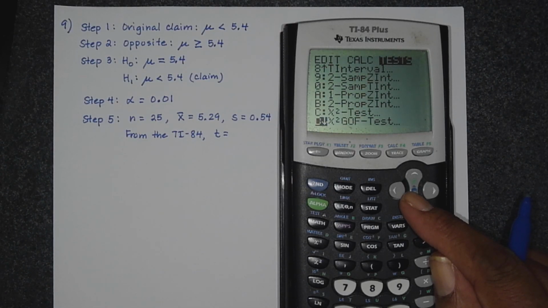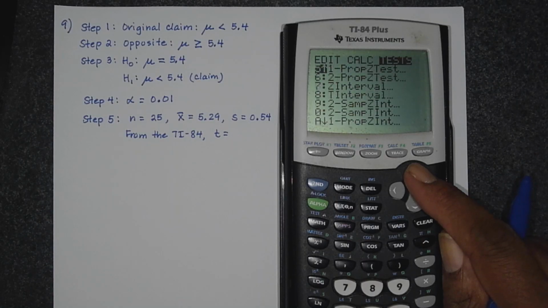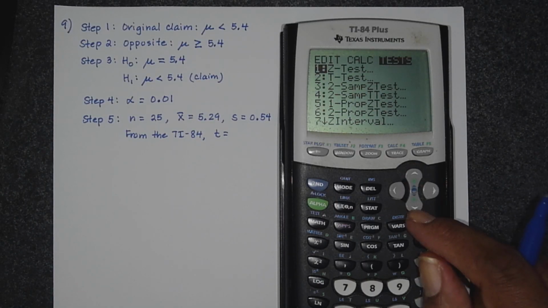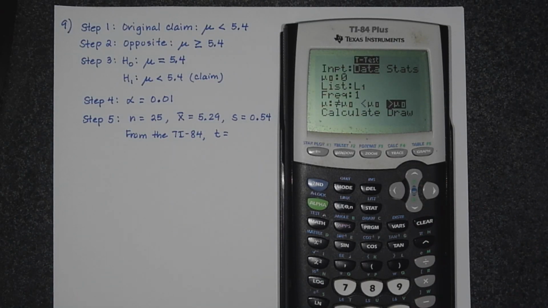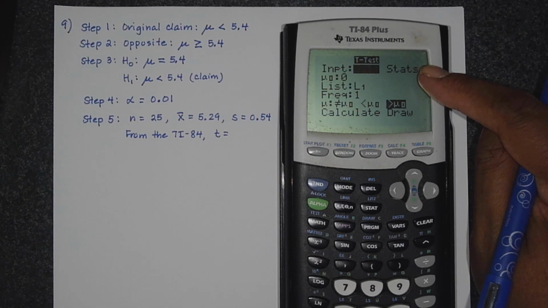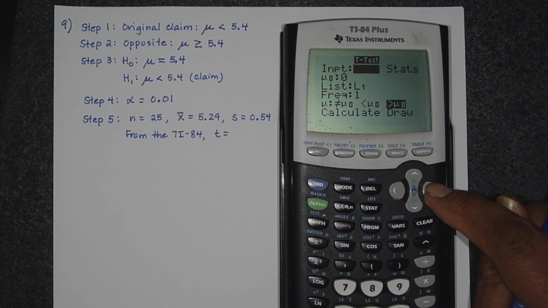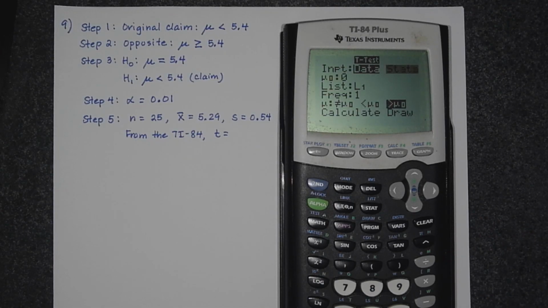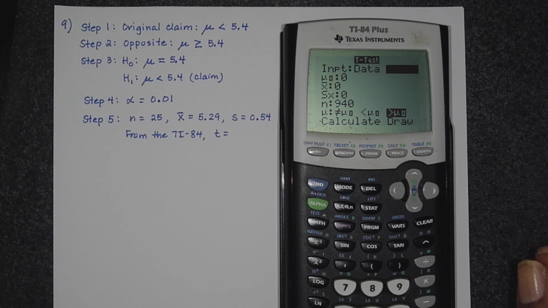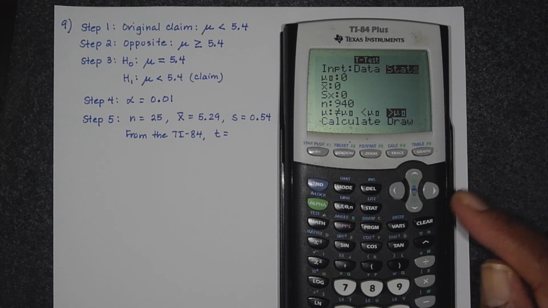Yeah, t-test. That's number 2. Now we're dealing with stats here, so make sure that stats is highlighted. If it isn't, then you use your right arrow key to put the cursor on top of stats and then press enter. Because all we have is just the summary statistics.